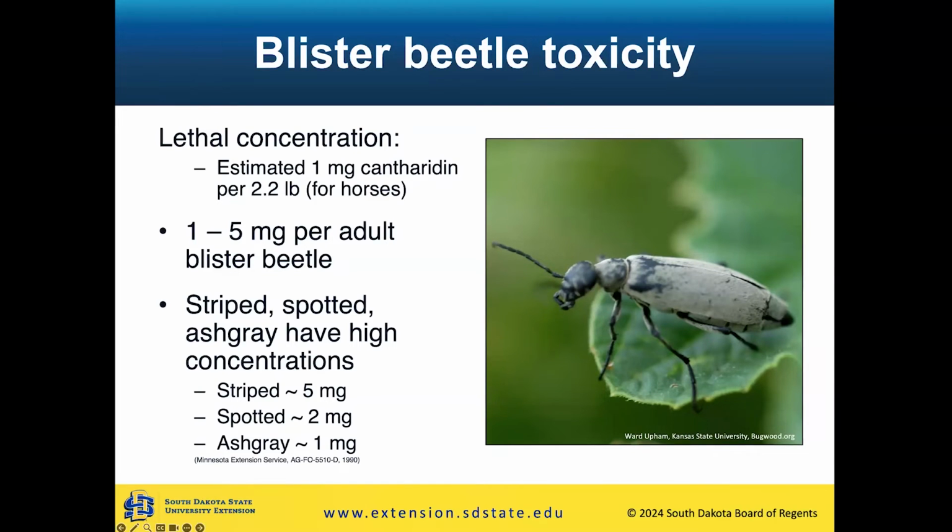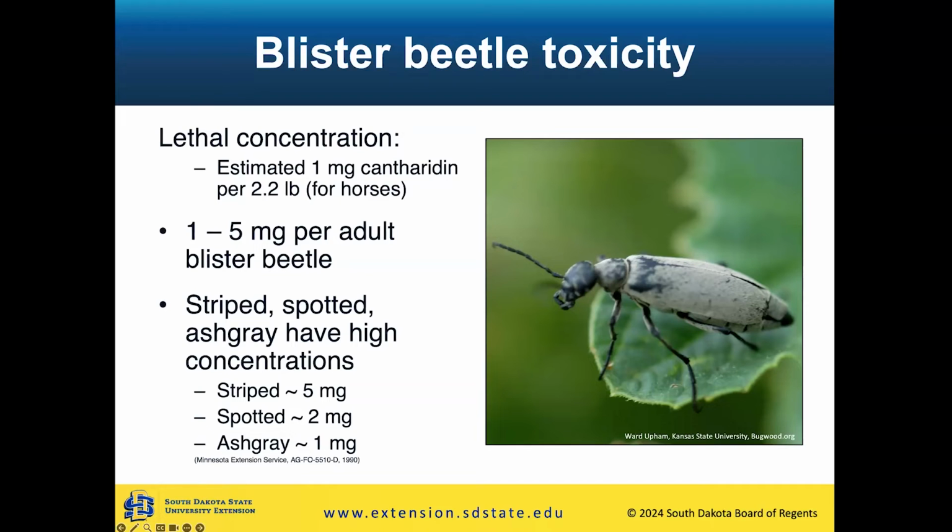Among those that are of the biggest concern are the striped, spotted, and ash gray blister beetles. So you can see a rundown here on average of how much they contain. The striped is more on that 5 milligrams, spotted is 2, and then the ash gray is further down at 1.